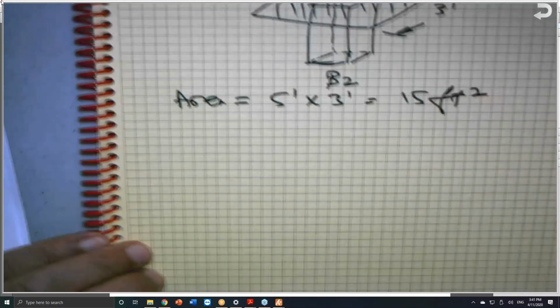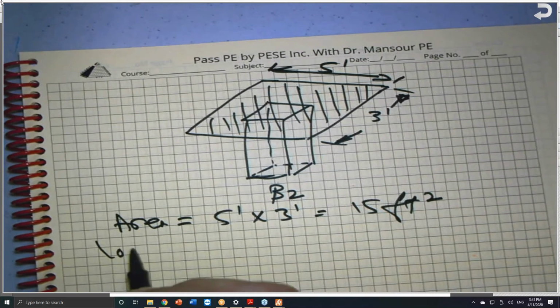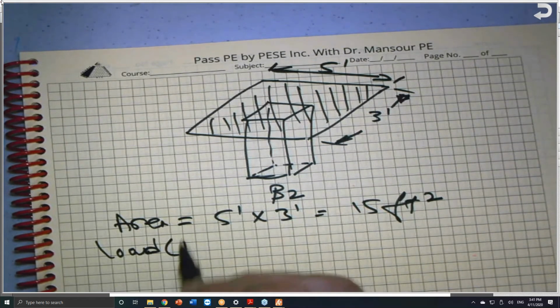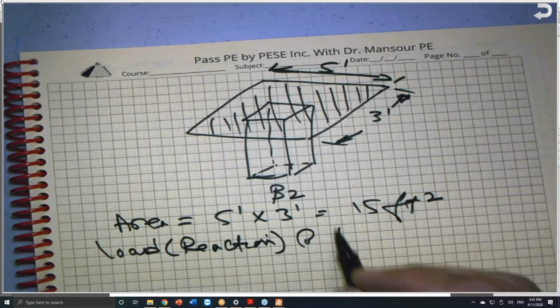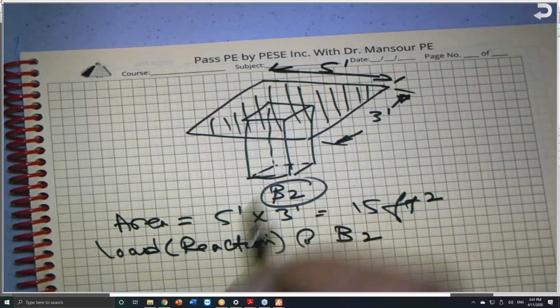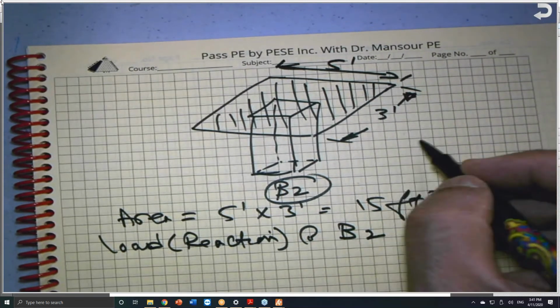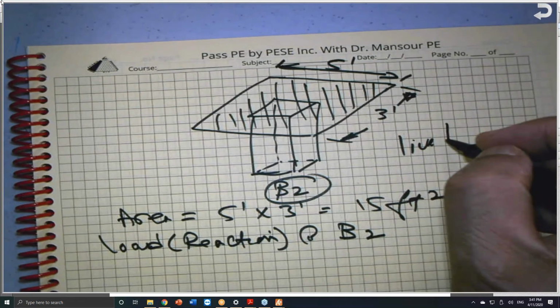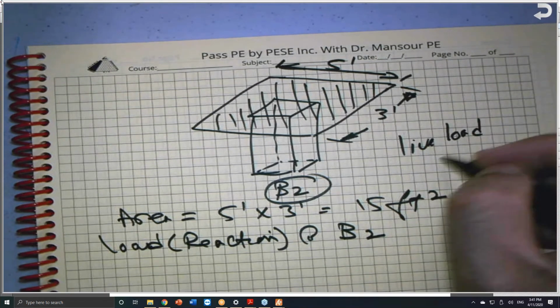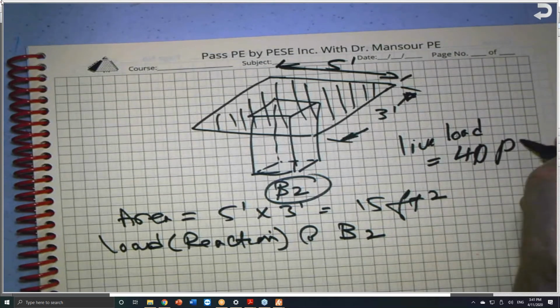And in this case, I can get the load like this. Load, or basically the reaction at B2. I have a uniform live load of 40 pounds per square foot.